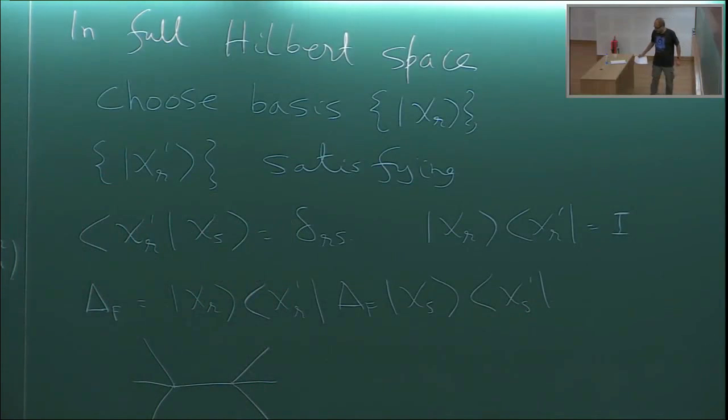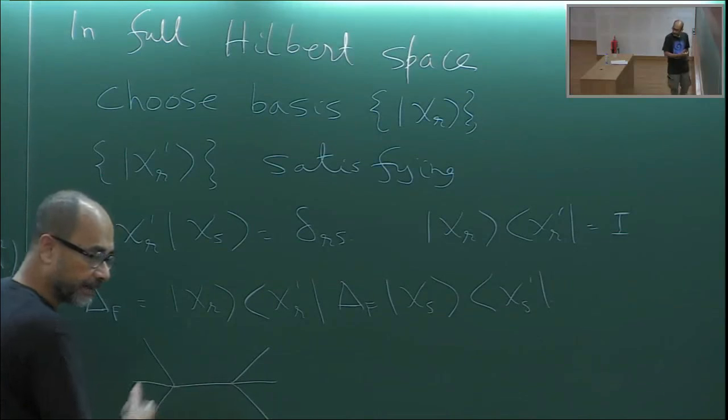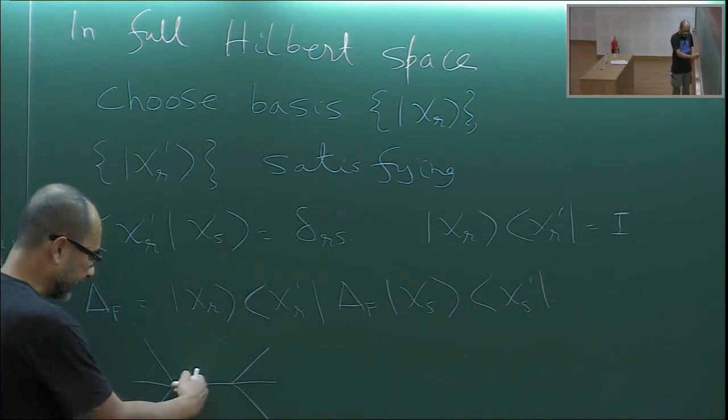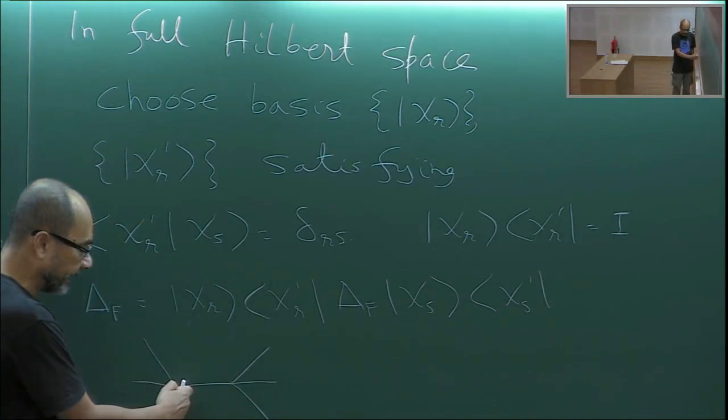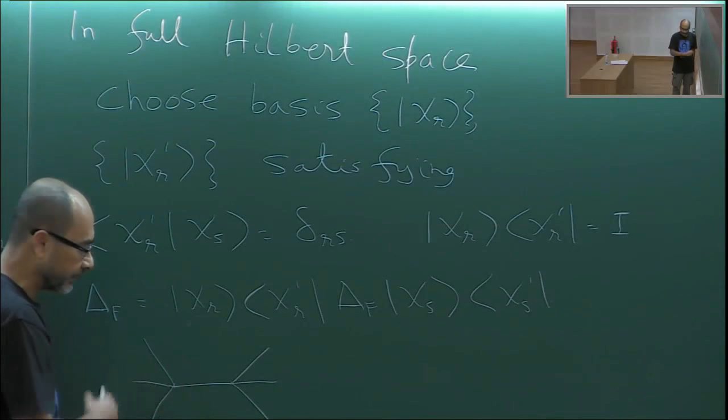Okay. But now recall that by picture number conservation, the state that is inserted here must be in H hat T, because that's what conserves picture number. That's how you have chosen the picture numbers.